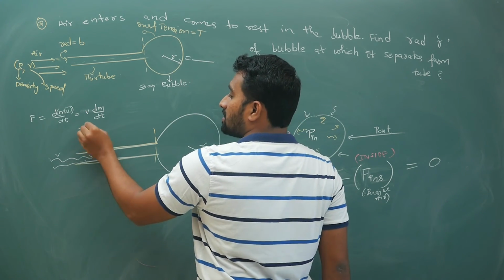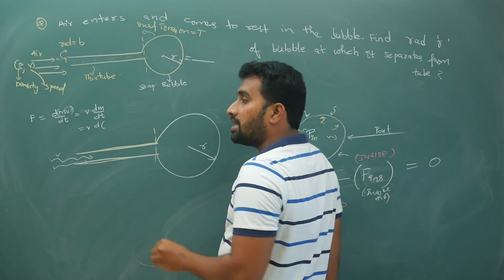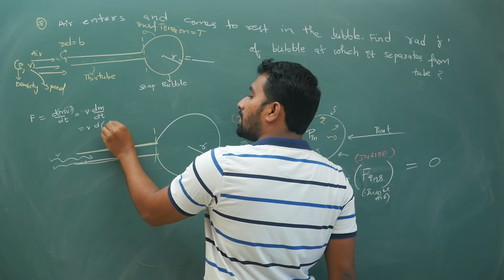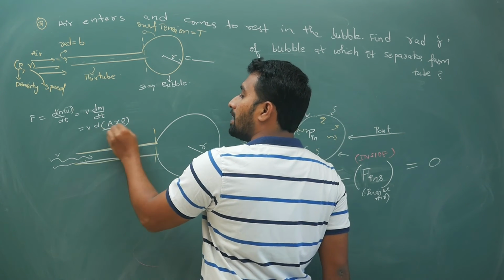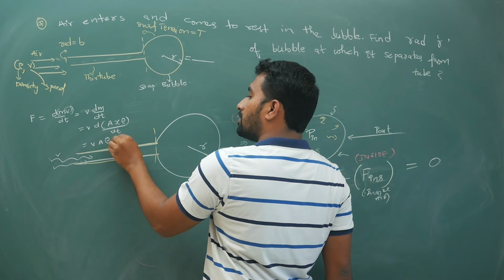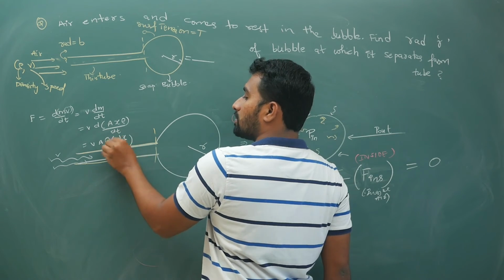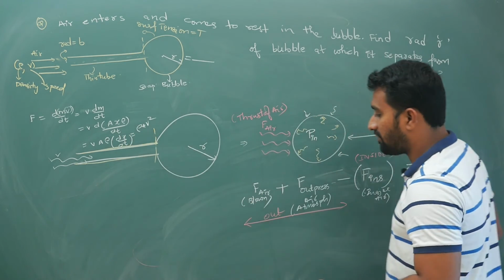Mass is area of cross section into length, some x, into density rho. So v times A rho dx by dt. dx by dt is once again speed. You will get rho A v square is the thrust because of air.